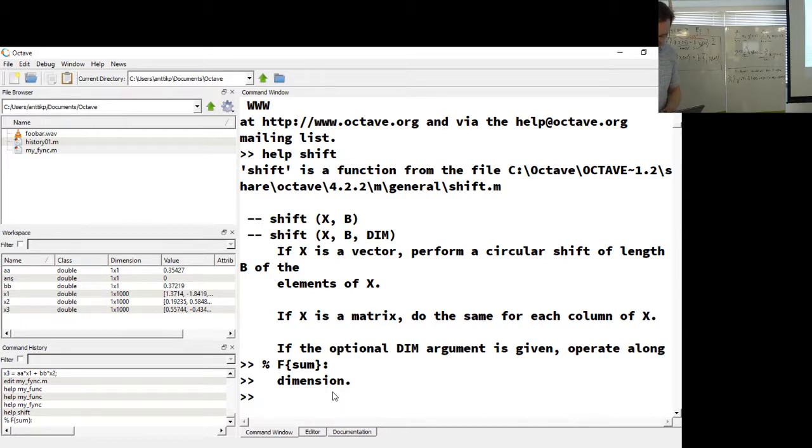So we have this fx3 equals, meaning the system output for my summed input, x3.